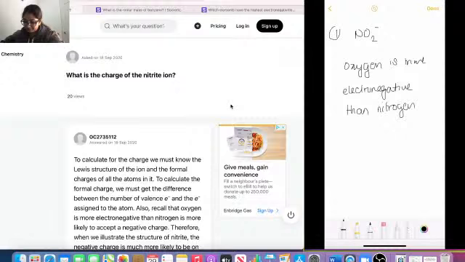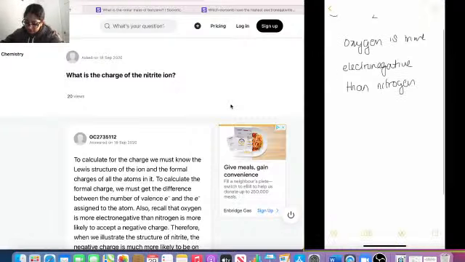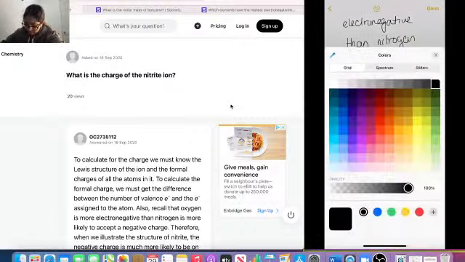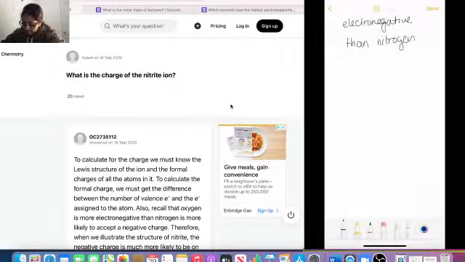So also, if we want to draw out the structure here, which we can, I'll use this color. I'll draw all the possible structures we can make for the nitrite ion. Number 1, our central atom would be nitrogen.